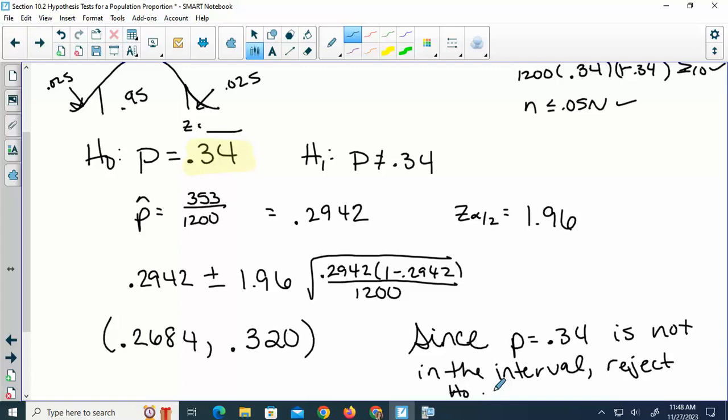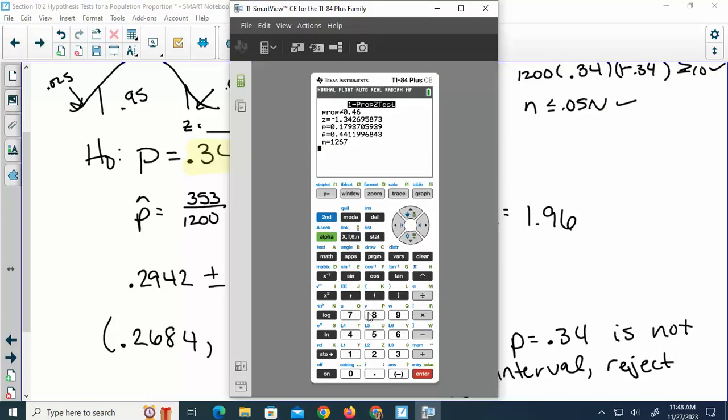Do we remember how to do confidence intervals on the calculator? We go to stat. We want an interval. Remember, it was a 1 proportion Z interval. It's kind of the same wording as when we're doing the whole hypothesis test, a 1 proportion Z test. We're doing the interval, 1 proportion Z interval.